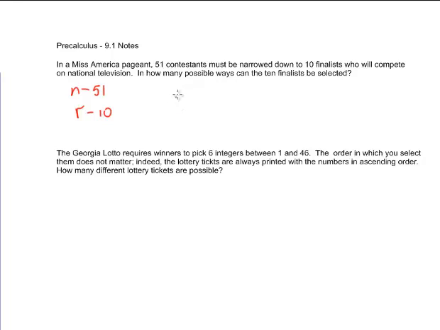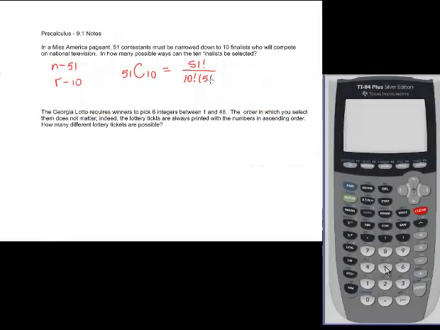So we're going to look at 51 combinations taken 10 at a time, which is the same thing as 51 factorial over 10 factorial times 51 minus 10 factorial.